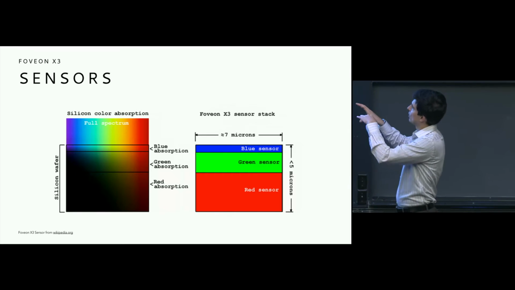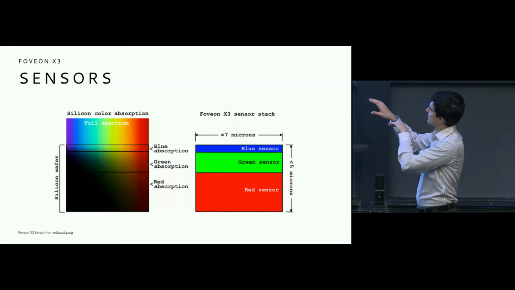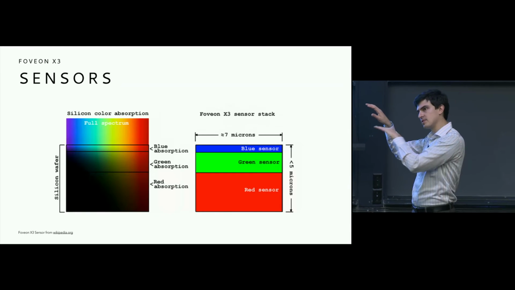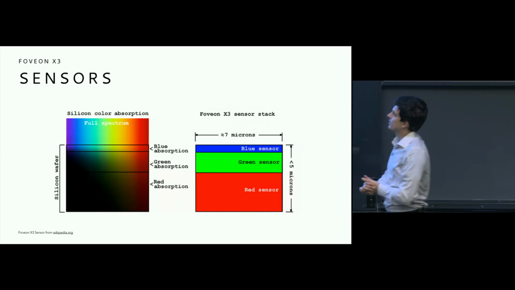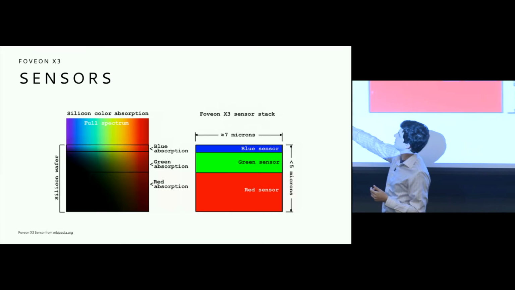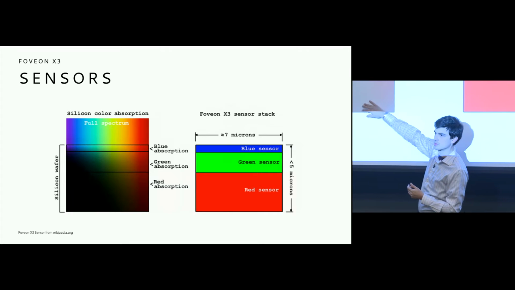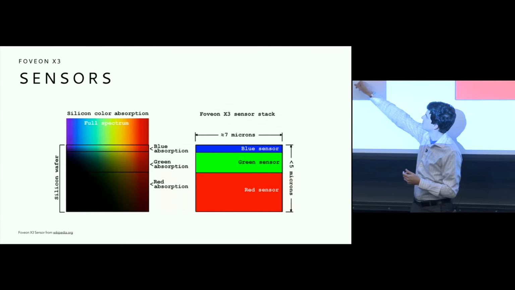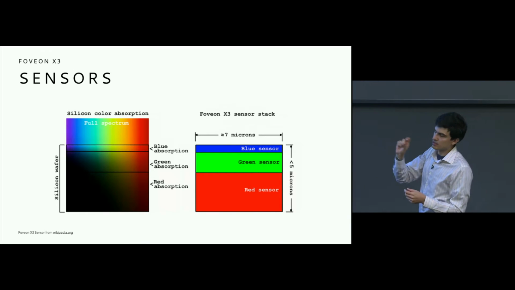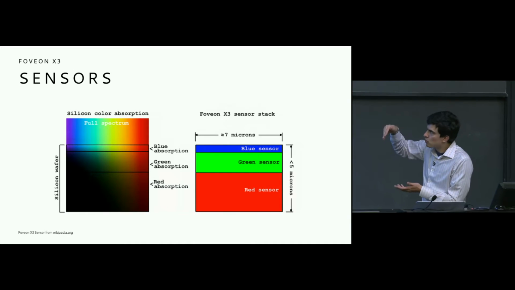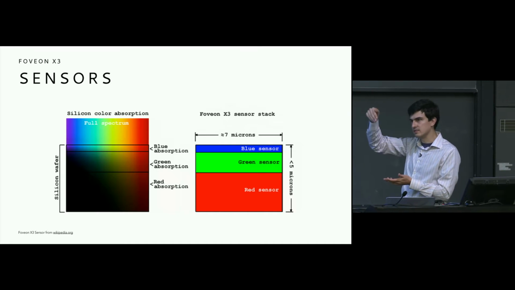We're looking at it from the side, and we're placing sensors at various depths in this silicon, corresponding roughly to the absorption of those wavelengths as light travels through silicon. Here we can see the absorption, where at the very top, the blue light and the ultraviolet light do not travel very far into the silicon.